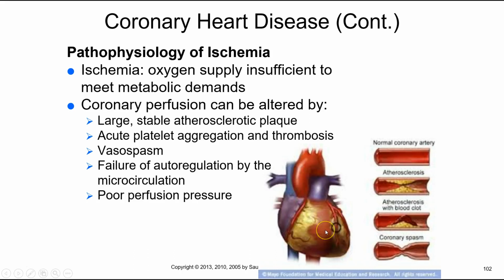We know that adult muscle cells are not capable of mitosis. So once you have ischemia to these cells and necrosis has occurred, you're not getting new cardiomyocytes out of that. You're getting scar tissue. And that's going to decrease the ability of your heart wall to actually contract, and that's going to decrease your ability to eject blood.